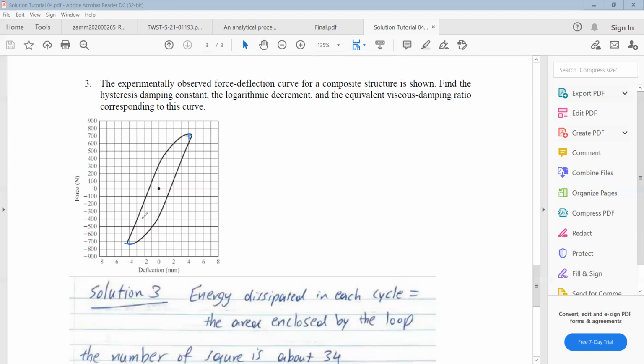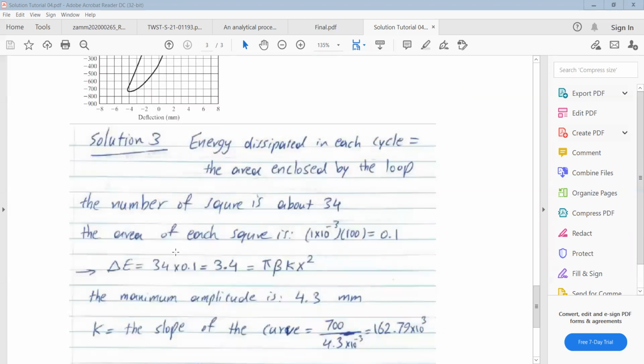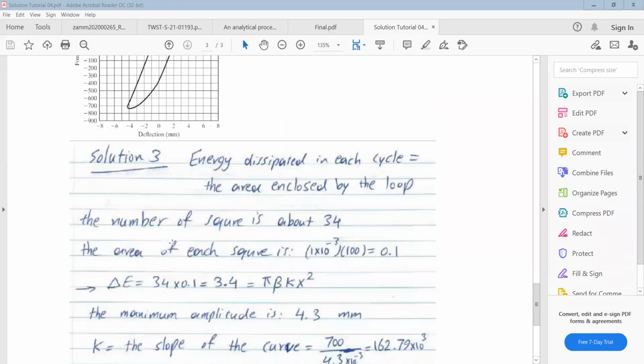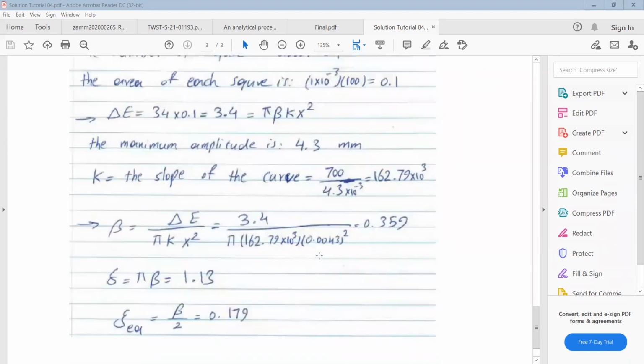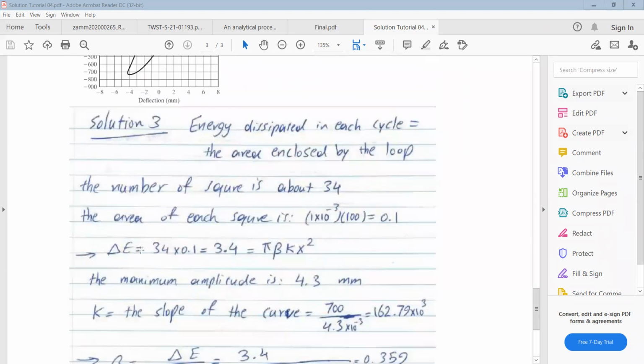So it's up to you. It's only an approximation. So maybe you count, instead of 34, 33 or 35. No problem. The final results will be approximately the same. If you calculate for 33, you will see that the response is almost the same.